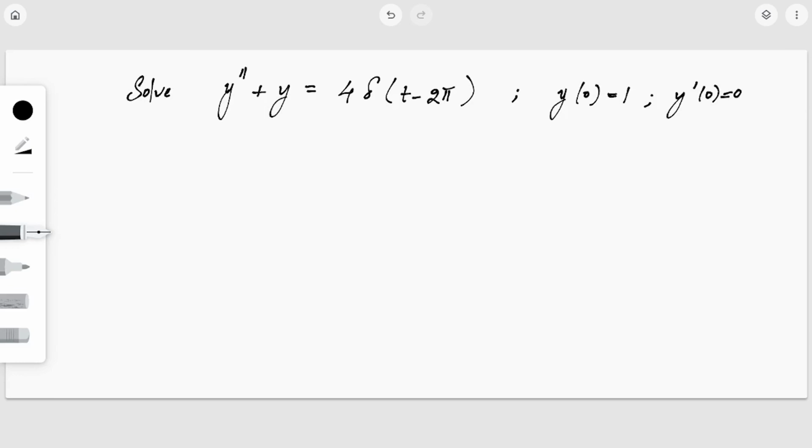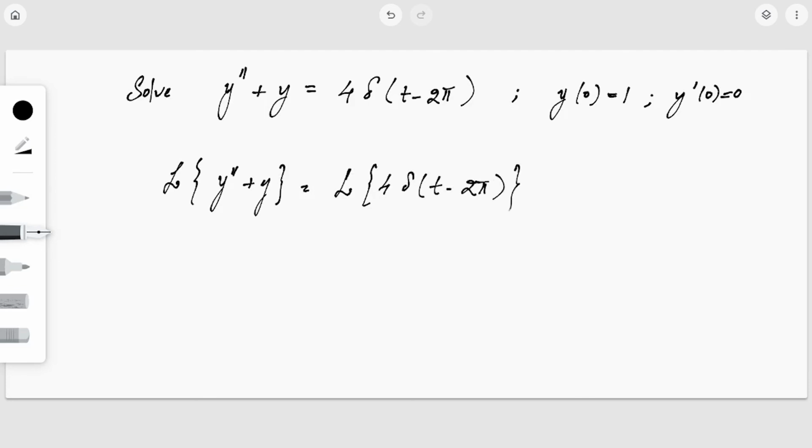Okay, so when I apply Laplace transform, what do we get? Laplace transform of 4 into delta of t minus 2 pi.